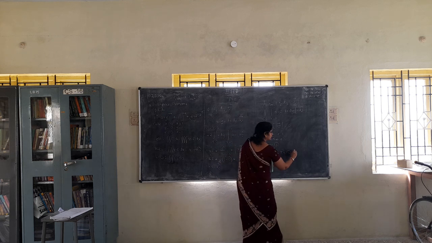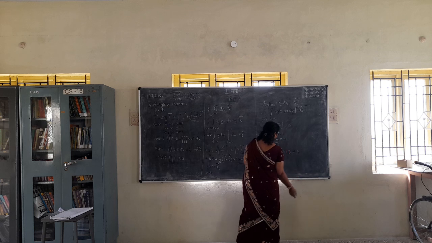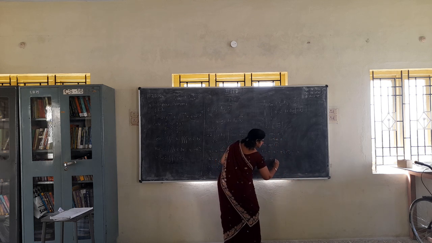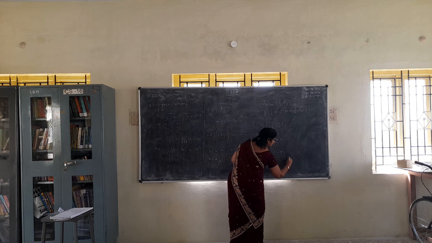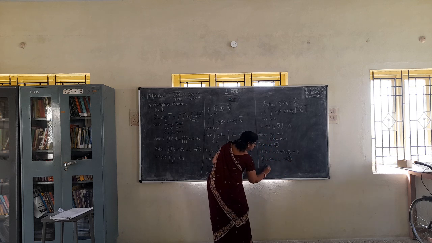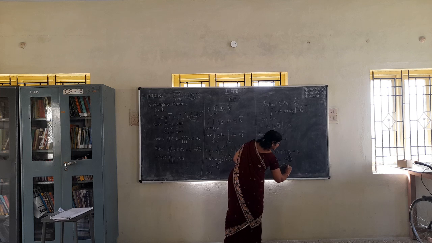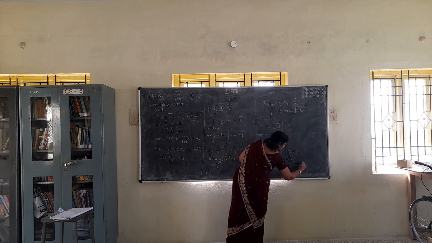So the total value is 4. So the integral of F dot dS is equal to 4, equation number 3. So equation 1 is equal to equation 3, that is, right hand side is equal to left hand side.